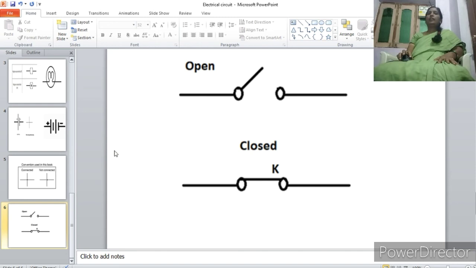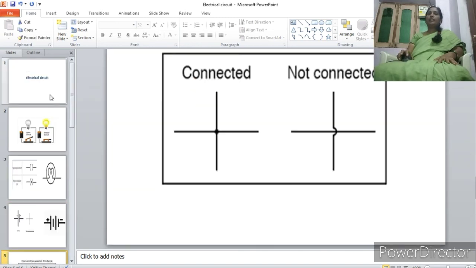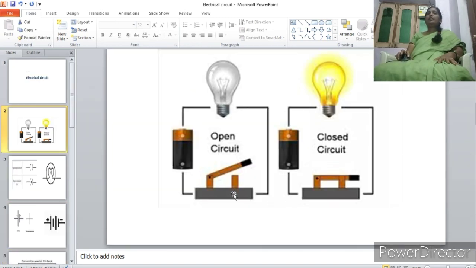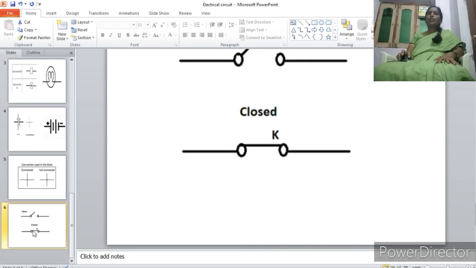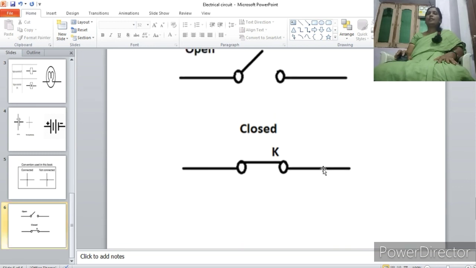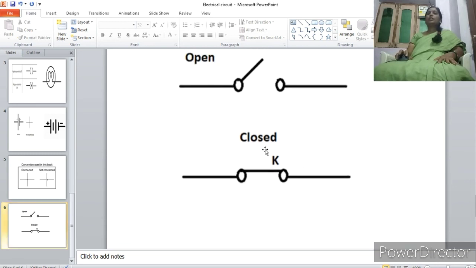When the circuit is completed, the cell, the switch is closed here. See, here it is opened. The cell, the switch, the conducting wire, all are connected to each other. So when the connecting wires are closed and the switch is on, then the bulb will glow in this condition.